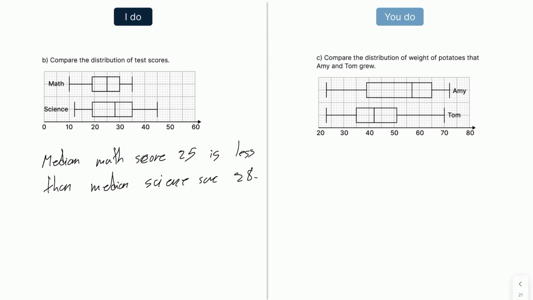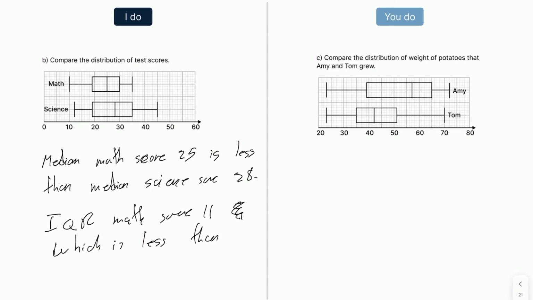You would write the exact same statement for the interquartile range: the interquartile range for the maths score is 11, which is less than science, which has 16. You want to be specific with your numbers and with your comparison. You want to say whether it's greater than or less than, and also say what the digits are.